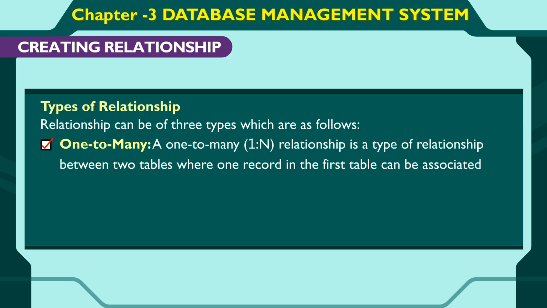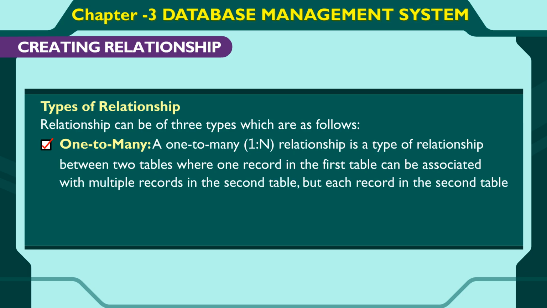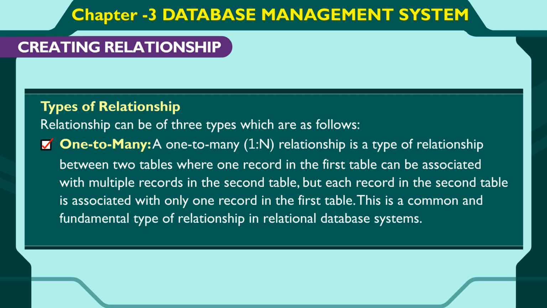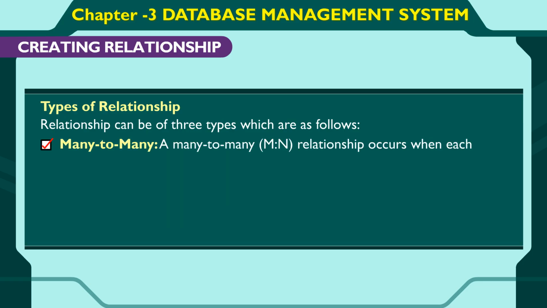table can be associated with multiple records in the second table, but each record in the second table is associated with only one record in the first table. This is a common and fundamental type of relationship in relational database systems. Many-to-many.